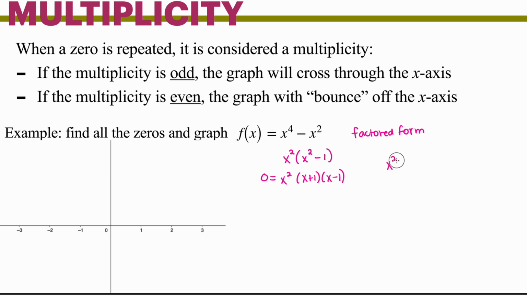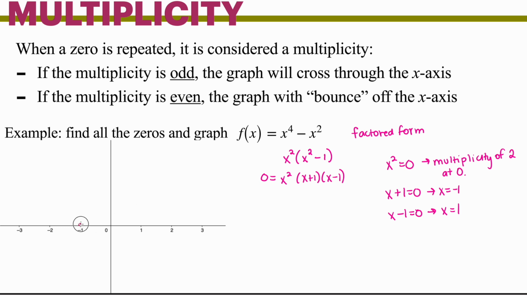So it's going to cross at x squared is going to equal 0, x plus 1 equals 0, and x minus 1 equals 0. So this is a multiplicity. There's a multiplicity of 2 at 0. Here, x is negative 1, and here x is a positive 1.